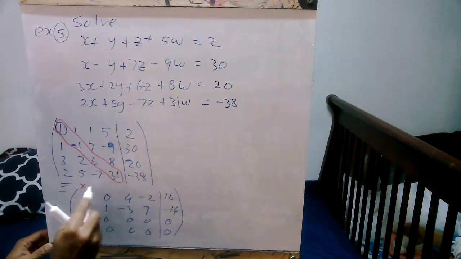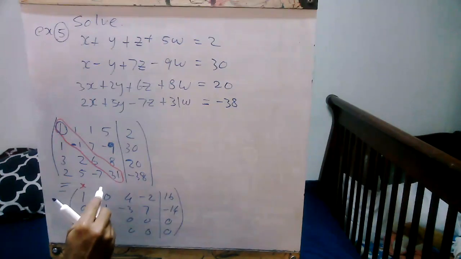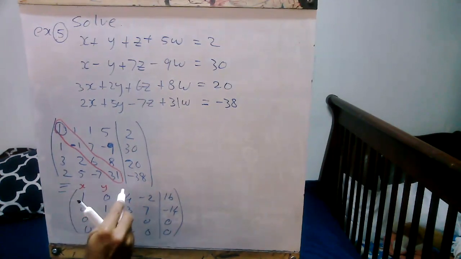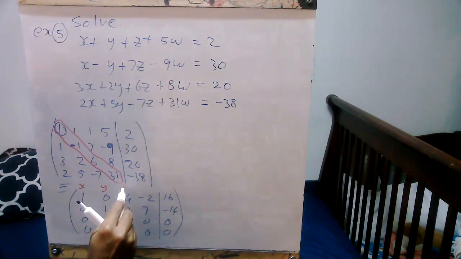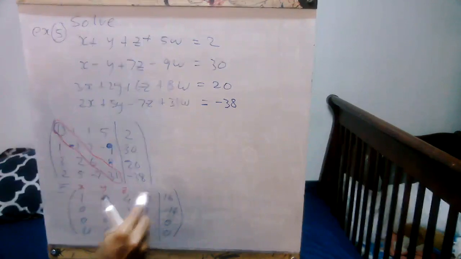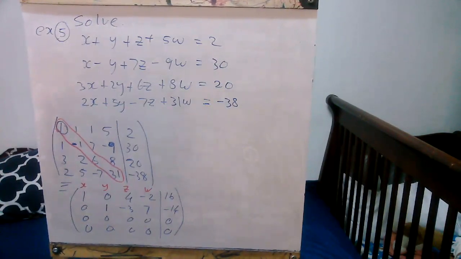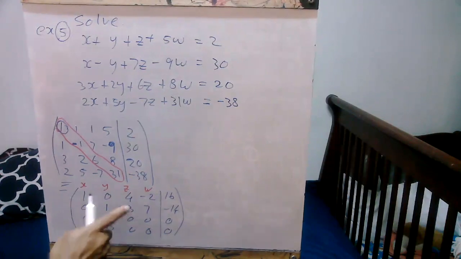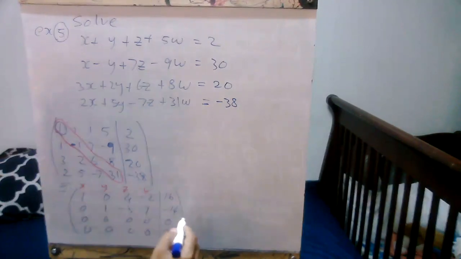So when you're writing the equations, it is pretty useful to write x, y, z, w, whatever the letters given in the question. X, y, z, w, these are the given variables. We wrote it there. Then we can convert this augmented matrix to equations.